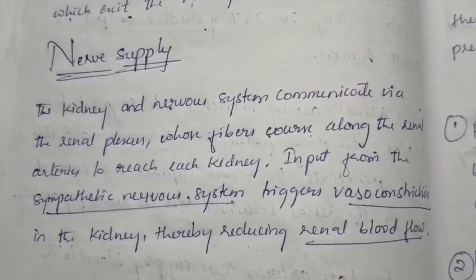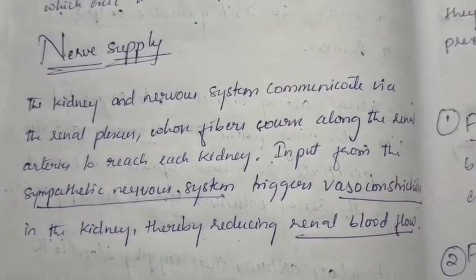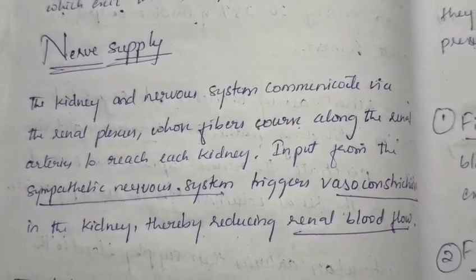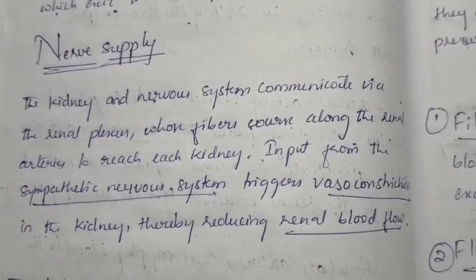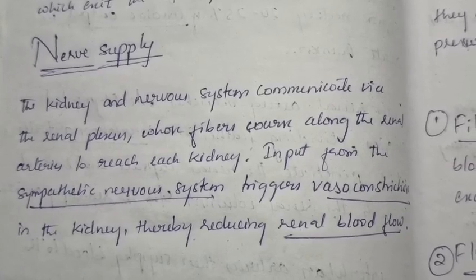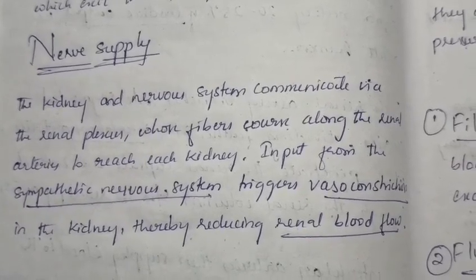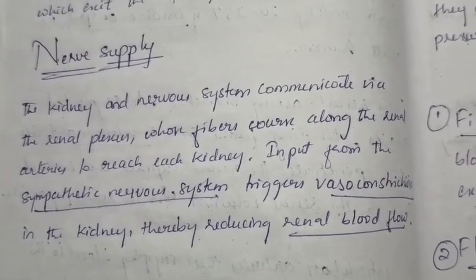Nerve supply. The kidneys and the nervous system communicate via the renal plexus, whose fibers course along the renal arteries to reach each kidney. Input from the sympathetic nervous system triggers vasoconstriction in the kidney, thereby reducing renal blood flow.